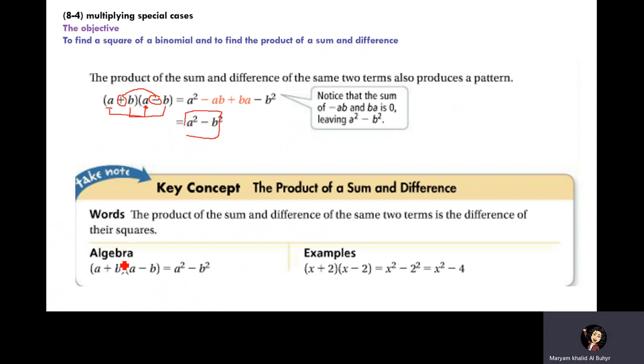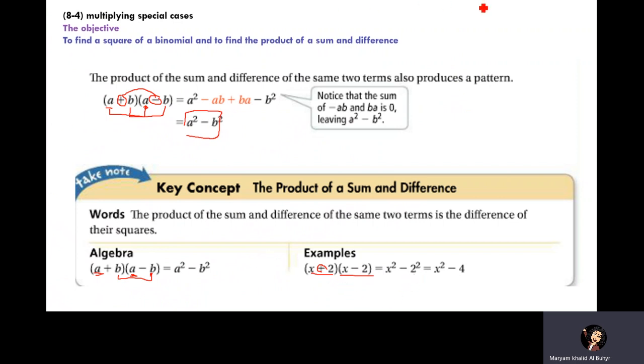So this rule tells you if you have one positive and in the other parenthesis negative, and the first term exactly the same as the first term and the second exactly the same as the second, you will directly take the first squared minus the last squared. So look at this. This is exactly the same as this one. The only difference is the sign. So directly we take first squared minus second squared.